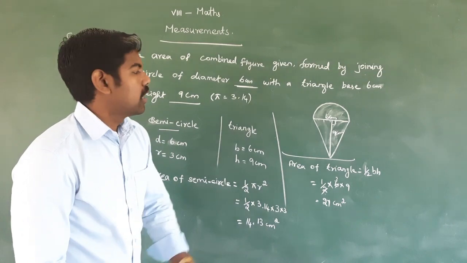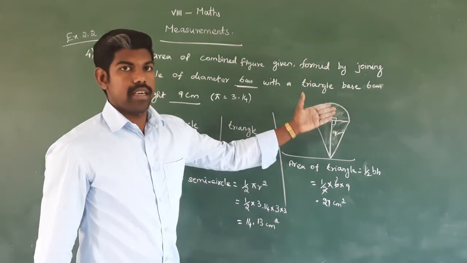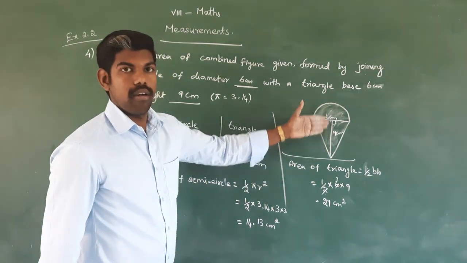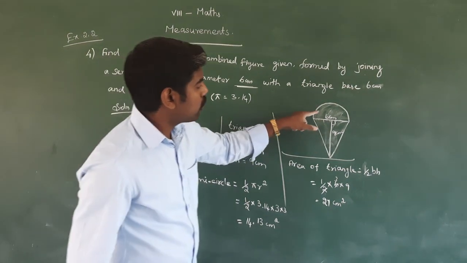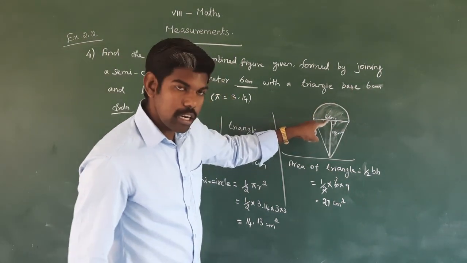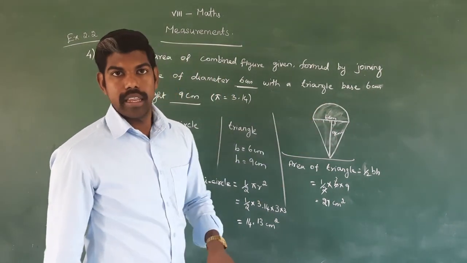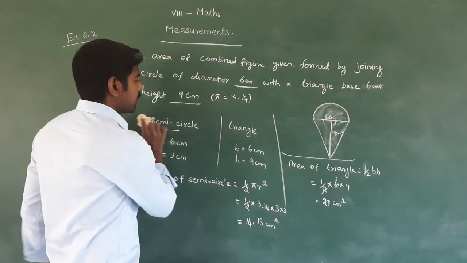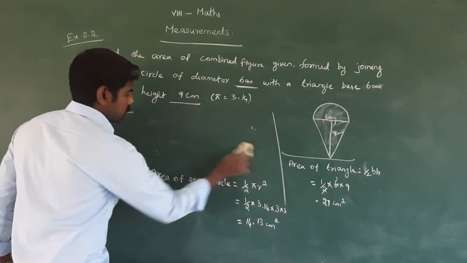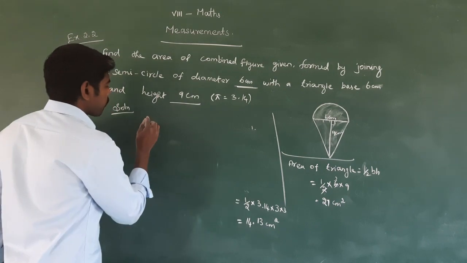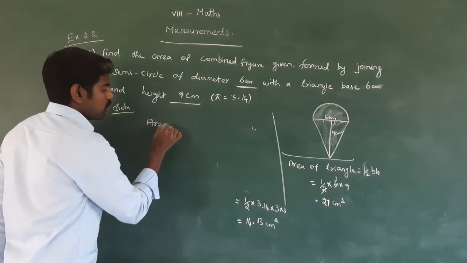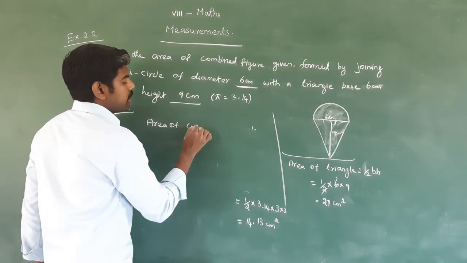Now find the area of combined figure or shaded part. What is area of fully combined figure? Area of semicircle plus area of triangle. So we add the two areas.